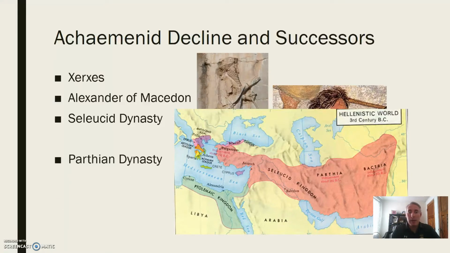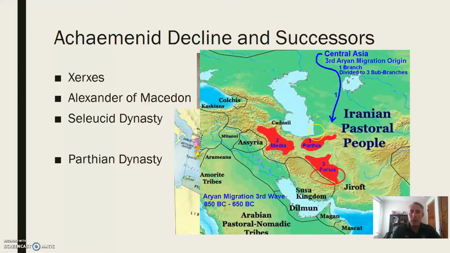After them came the Parthians. Remember Parthia, this area right through here. The Parthians looked at the Seleucids as always being foreign invaders, so they booted them, and they were in charge through the shift from before the Common Era into the Common Era, from BCE into CE. And then finally after them, here's kind of the original homeland of the Parthians.